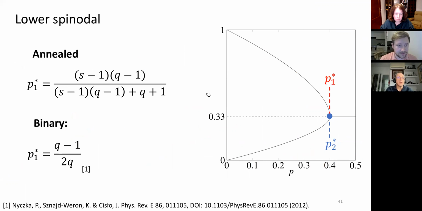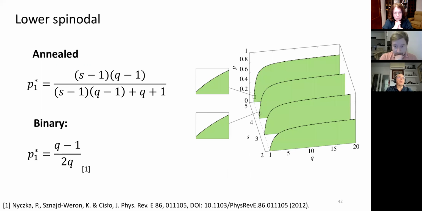And when I calculated the lower spinodal, I obtained such an equation, which easily reproduces the binary case, because when I put S equal to 2 here, I observe exactly the same value as in the binary model. And again, the upper and lower spinodal are equal.